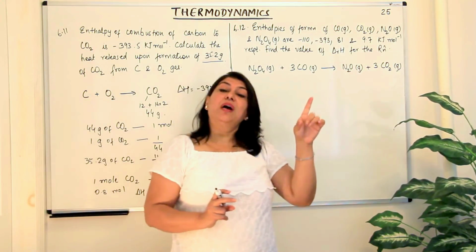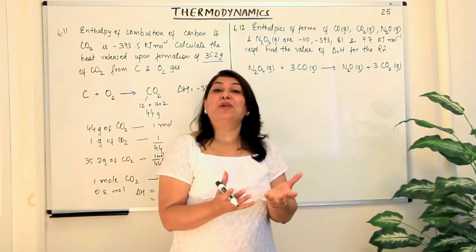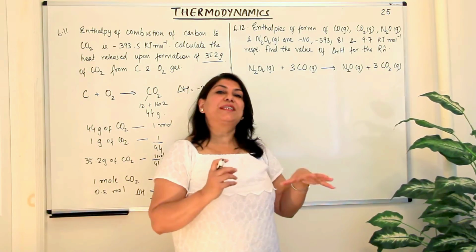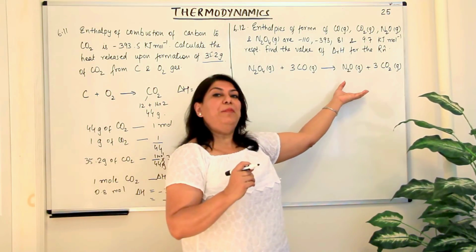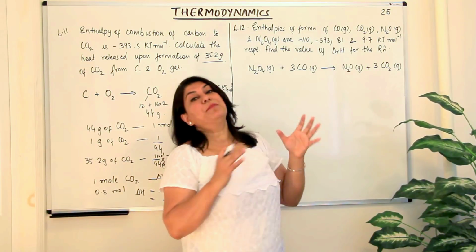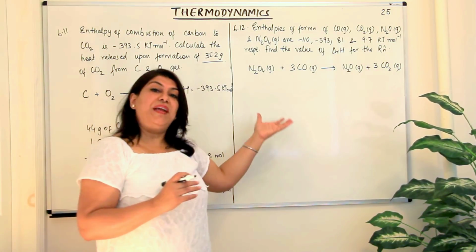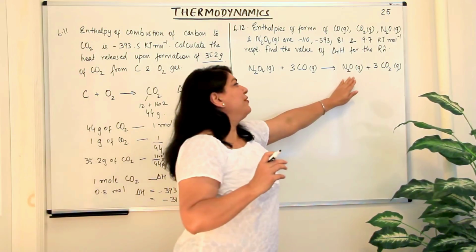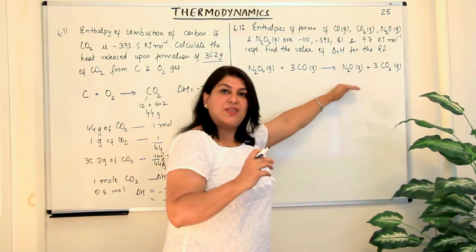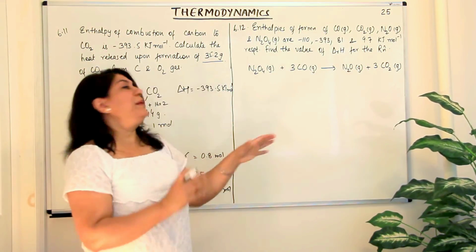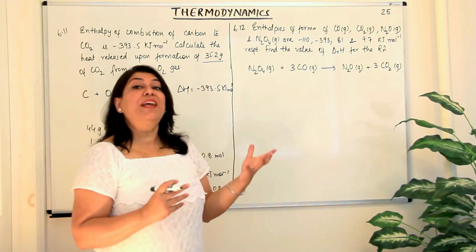Let me remind you, how do we calculate the enthalpy of reaction? The enthalpy of reaction is calculated by the summation of enthalpies of the products minus the summation of enthalpies of the reactants. The total sum of enthalpies of products minus the total sum of enthalpies of the reactants. Which enthalpies?